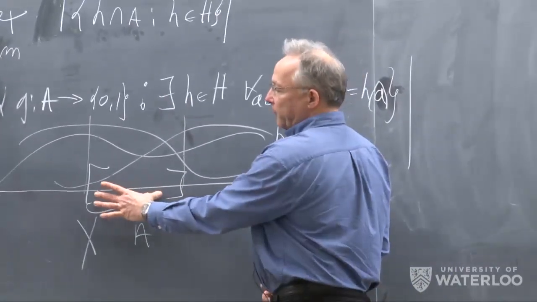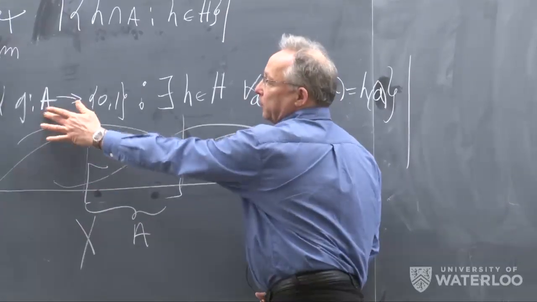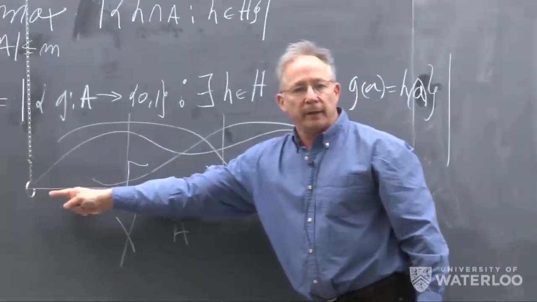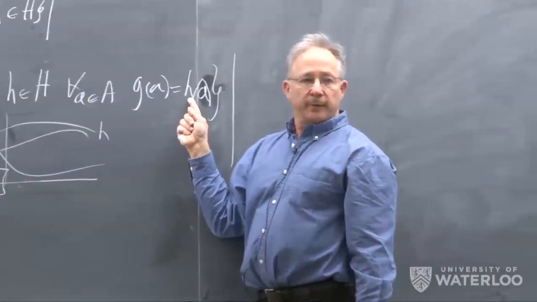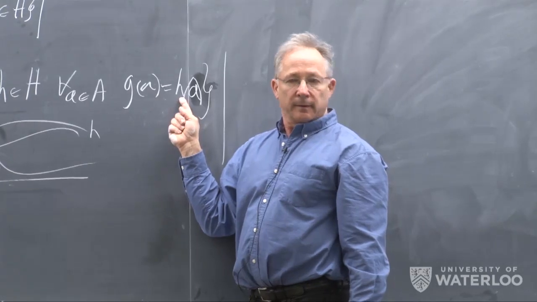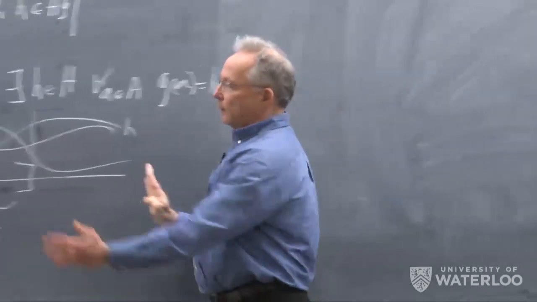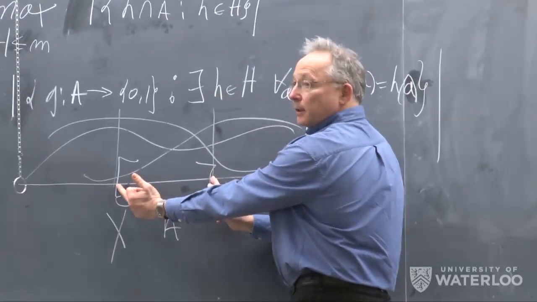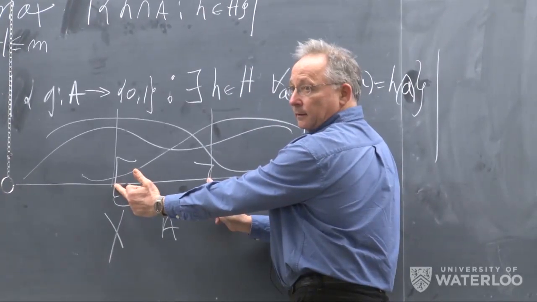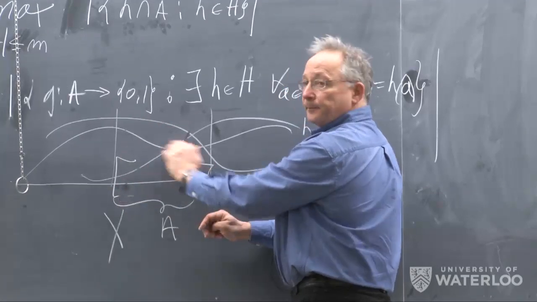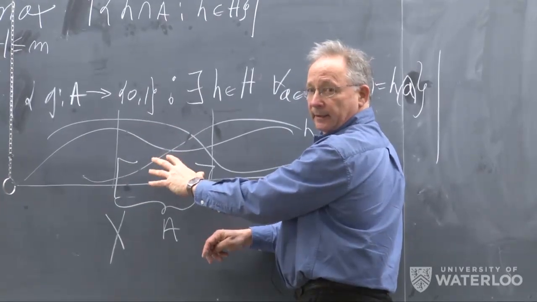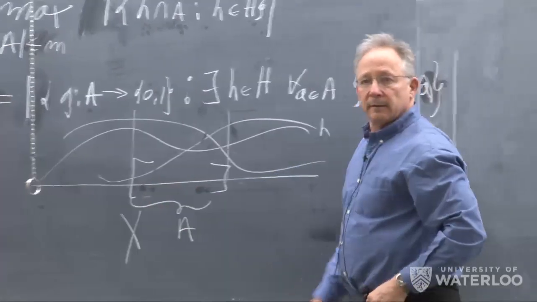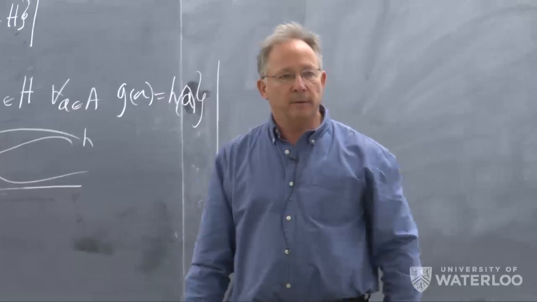How many functions from A to {0, 1} do we have such that some bigger function H, that goes from all of the domain X, agrees on A with my G? Okay, so H is a class of functions on the whole domain X. Now I restricted my attention to a subset A, and I count how many 0, 1 behaviors I can get on the subset A. Okay, is it clear now?